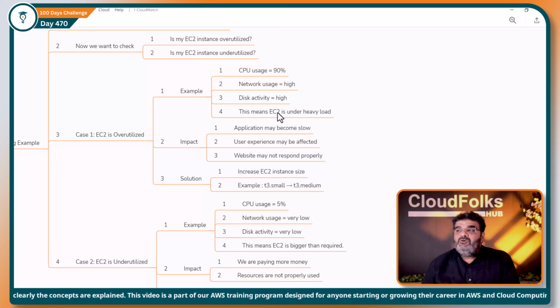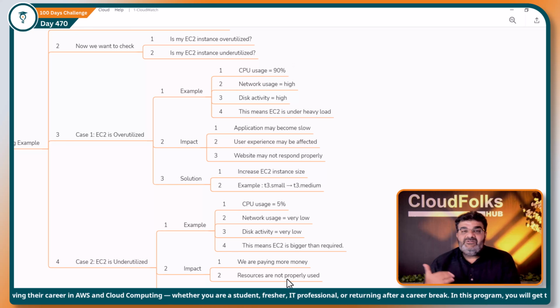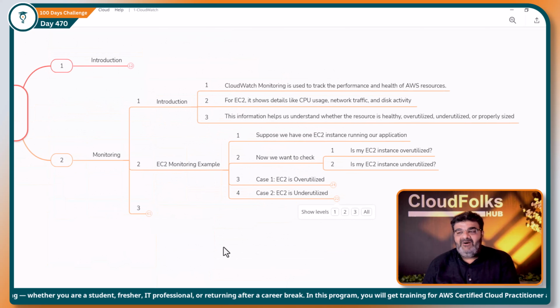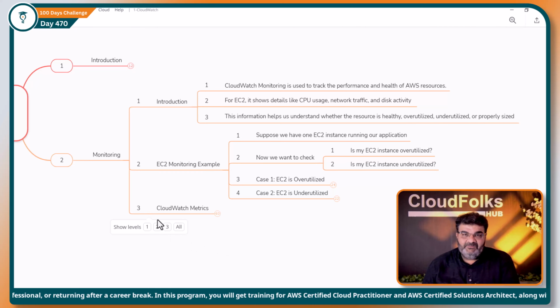For example, if you want to find out the CPU usage of your EC2 instance, you can go to CloudWatch, configure a metric, and then you can find out these numbers. And from these numbers, you can find out whether your EC2 instance is overutilized or underutilized. How? Don't worry about this. In upcoming videos, we have labs for this, so you will get a proper understanding.